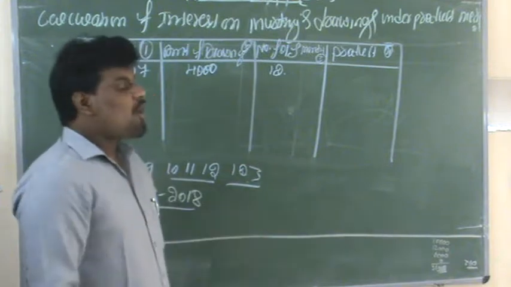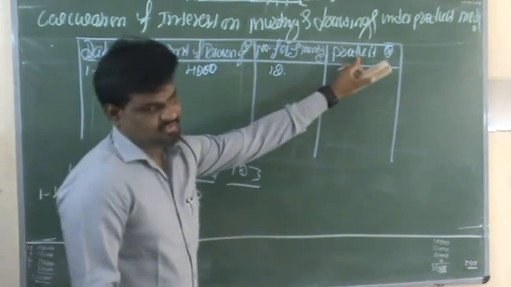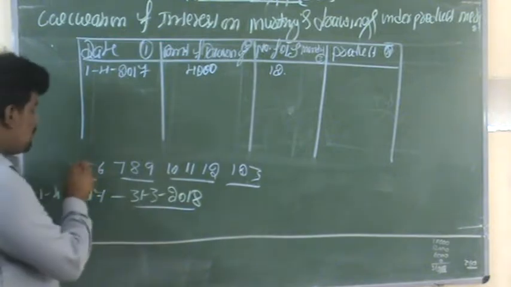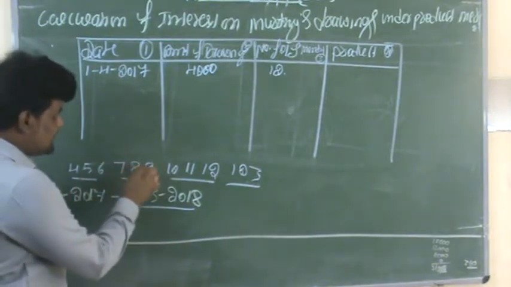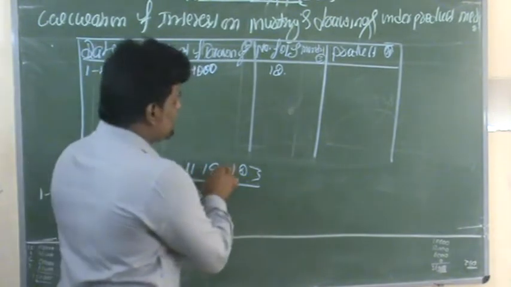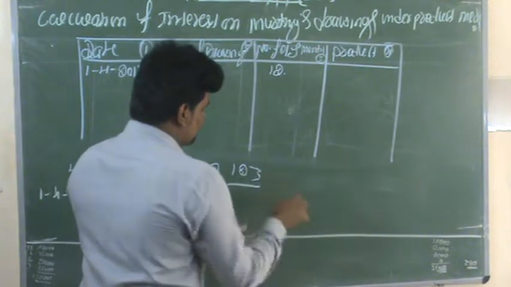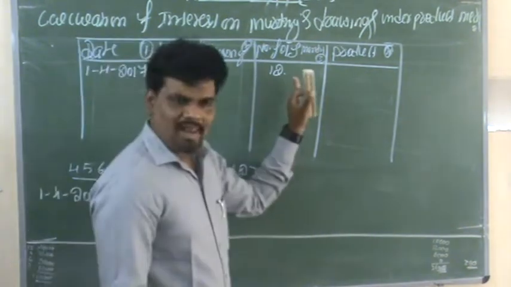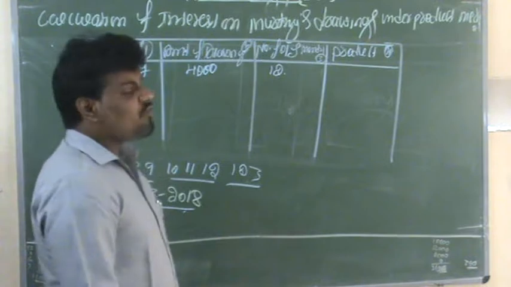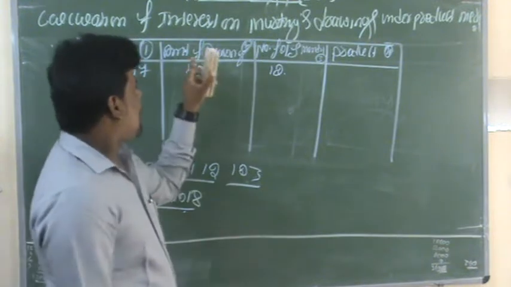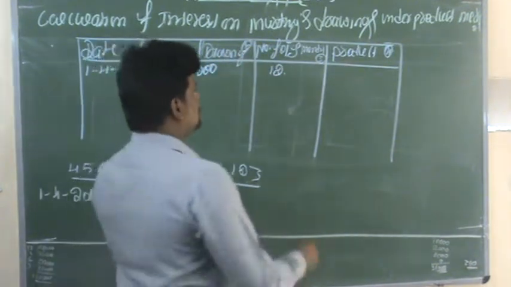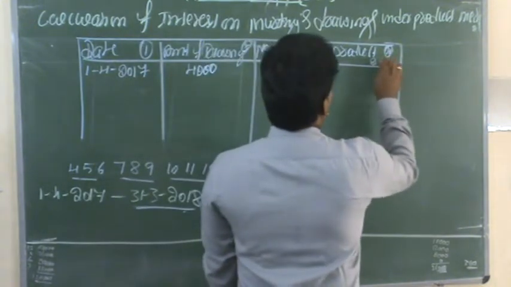So now we need to ascertain the product. How does it become 12? From the date of withdrawal, 1, 2, 3, 4, 5, 6, 7, 8, 9, 10, 11, 12, up to the end of the assessment year. This is the total number of months. Now we multiply the amount of drawings by the number of outstanding months, the second column and third column.